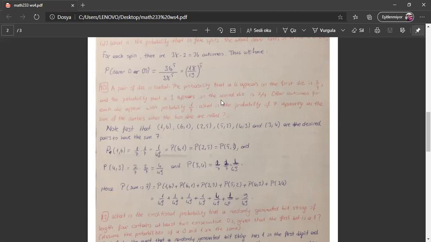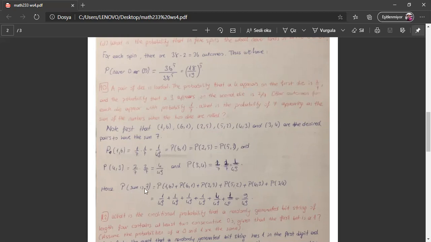If it was the second die, then we would write 2/7, but it's on the first die, so don't make the same mistake I did. So it's 1/7, and for the second die we have 4, which is again 1/7, because when 4 appears on the first die we have this probability. So we have 1/49.